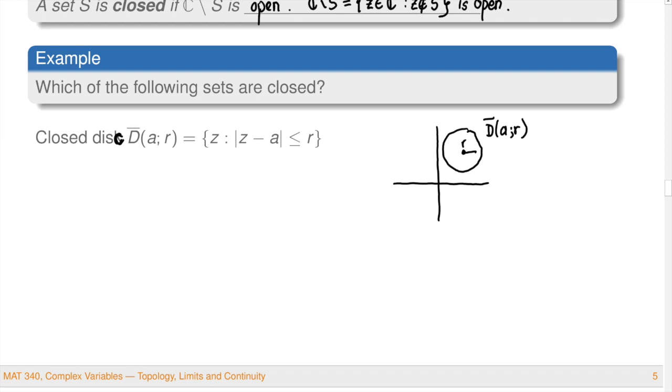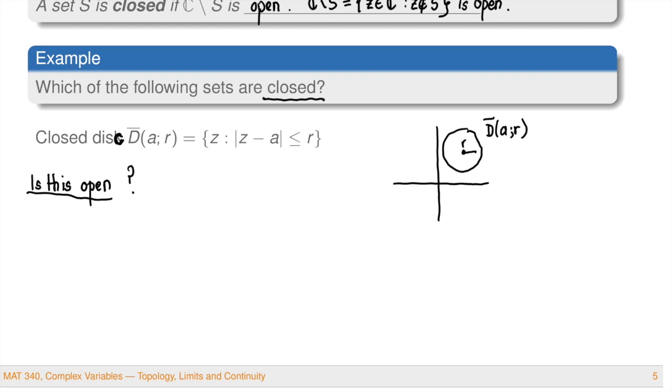All right, so before we ask whether it's closed or not, let's ask the following question. Is this open? Remember, for it to be open, no matter what point I take, I should be able to find an open disk around that point that is completely contained in the disk.